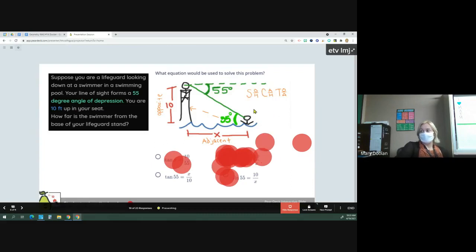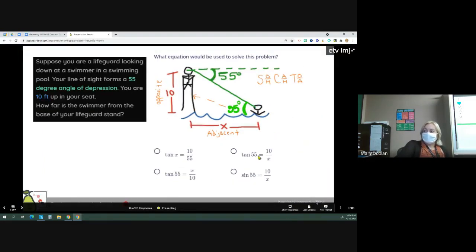And there's no cosine option, but it's going to be a tangent option because we know this leg and this leg, and with the perspective of this being 55 degrees, this would be the adjacent leg, and this would be the opposite leg. So that is tangent. Tangent is opposite over adjacent. And so it looks like most of us are now on the correct one. Tangent of 55 degrees is opposite 10 over adjacent x.